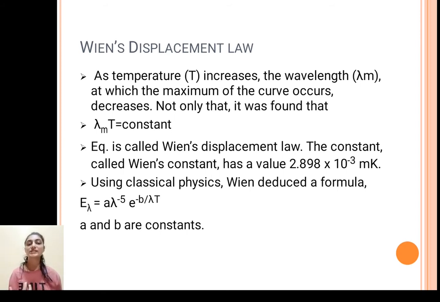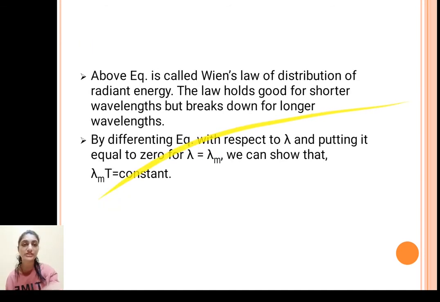Now, using classical physics, Wien deduced a formula for energy density E lambda equals A lambda raised to minus 5 e raised to minus B by lambda T, where A and B are constants. And this equation is called Wien's law of distribution of radiant energy, and this law holds good for shorter wavelengths but breaks down for longer wavelengths.